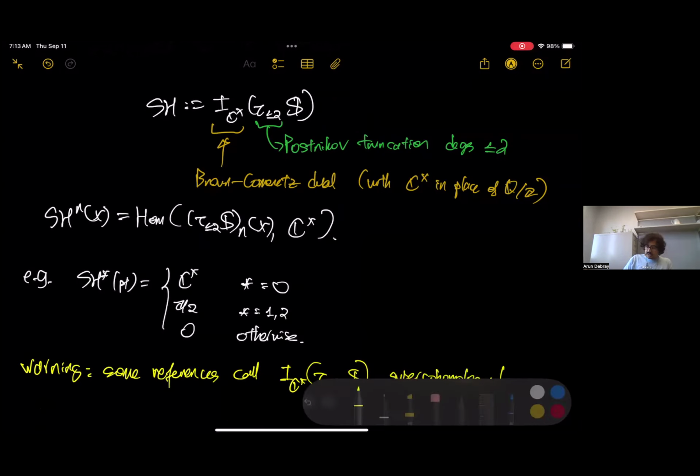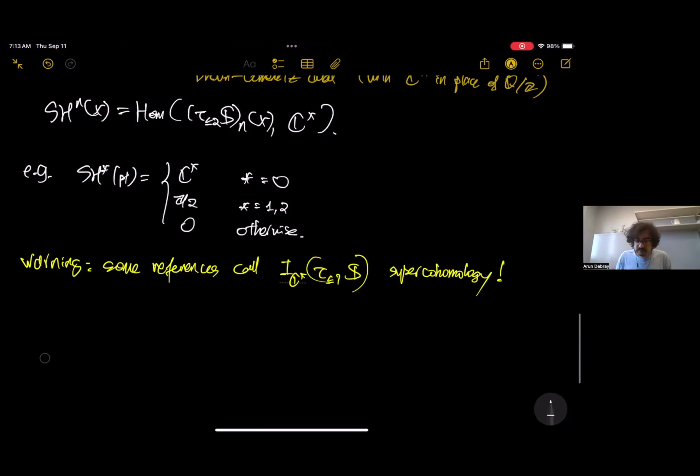The history is that first physicists discovered this supercohomology theory, the Gu-Wen one, and called it that. And then they realized that actually we need the Gu-Wen 2 one, the one that's appearing in this talk, when we do the computation. Because of that historical accident, there's this confusion. So just be careful in the literature.